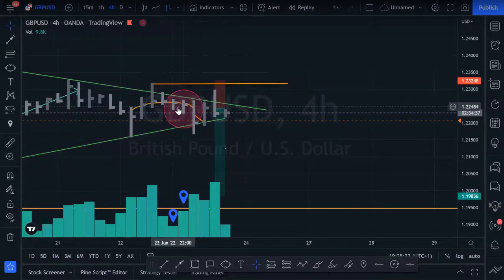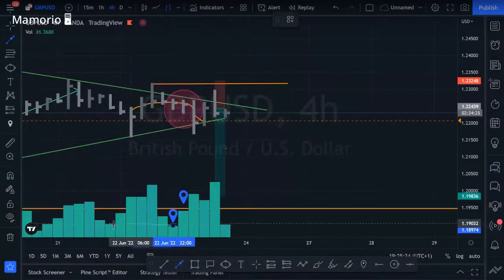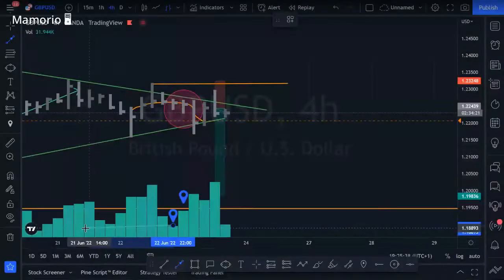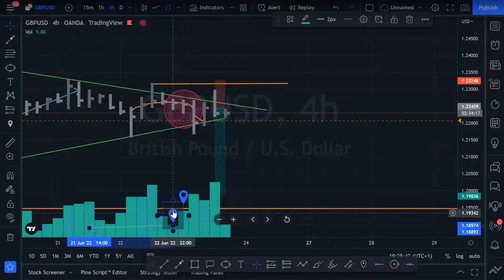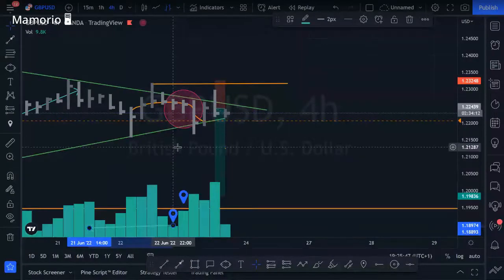First, we can see that this is an up bar. This up bar has the lowest volume, 9K, and the other one has 11K. So it's the lowest in our apex.